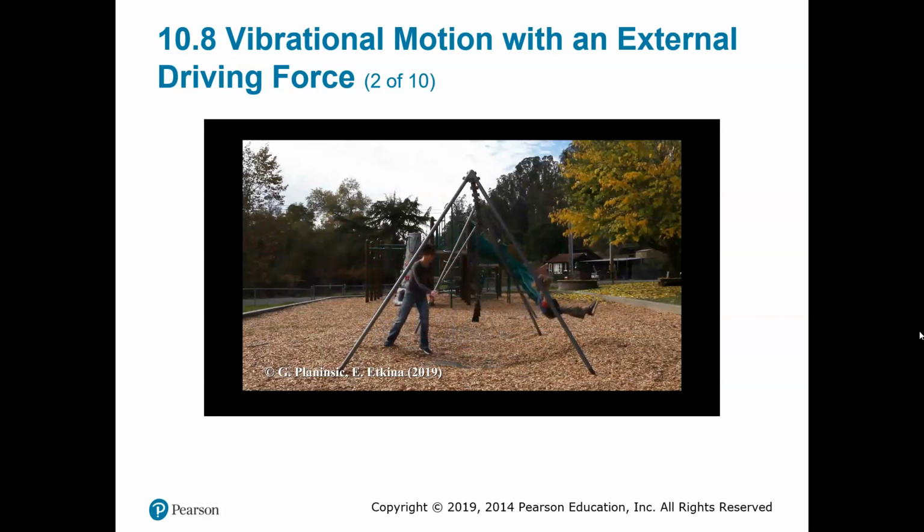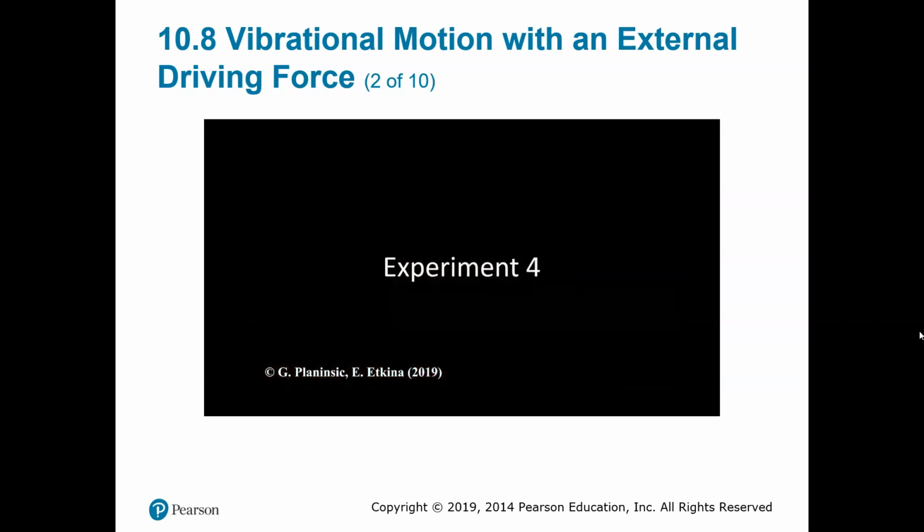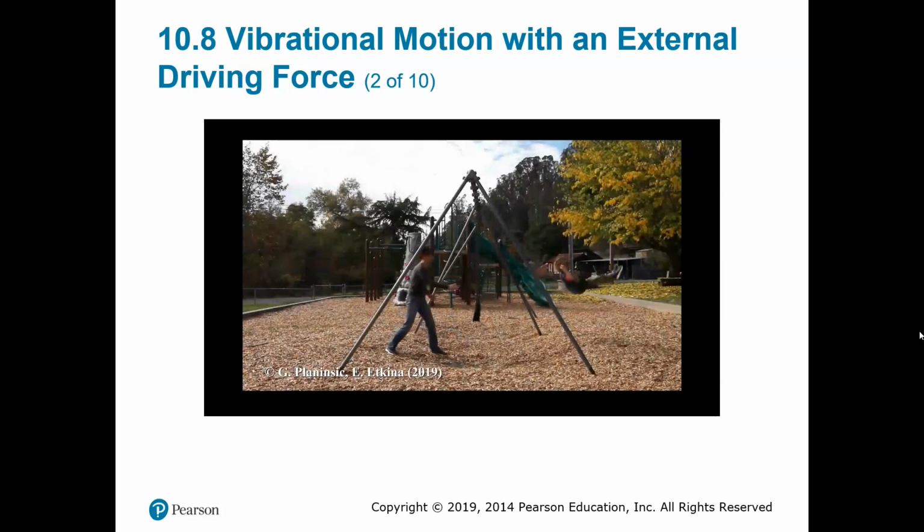So what you notice is that they are slowing down by applying a force to slow that backward motion of the child. That's an external force that is going to be slowing that vibration down.